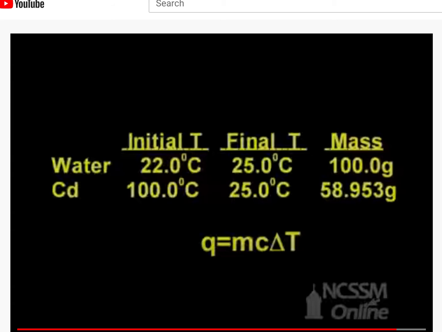Does anybody have a number and a set of units for the Q, which is the heat absorbed by the water? 1255.2. Lovely. And Anna, thank you as well. 1255 or 1255.2 is good. What are the units on that, though?